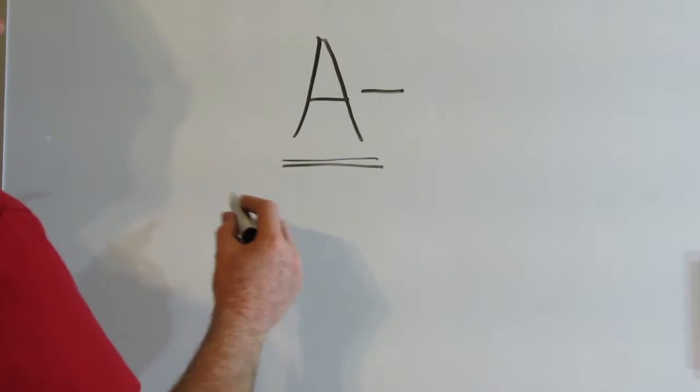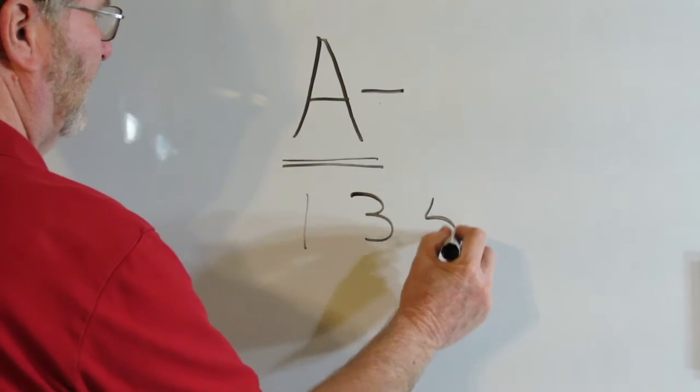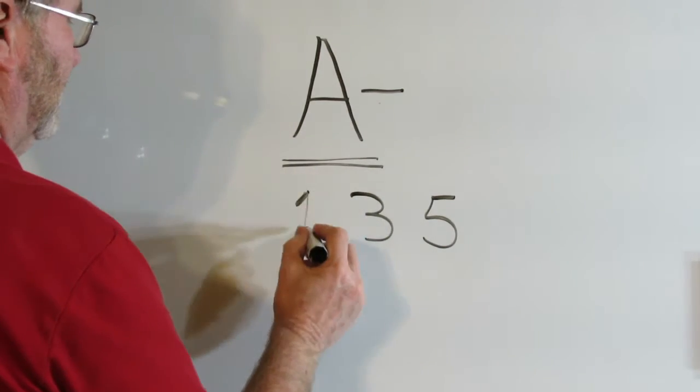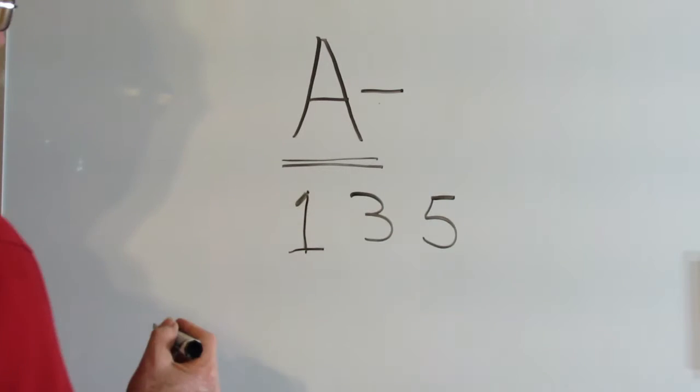Major chords are built on the 1, the 3, and the 5. In other words, the first note of the scale, the 3rd note of the scale, and the 5th note of the scale.